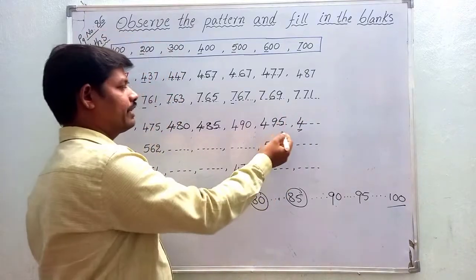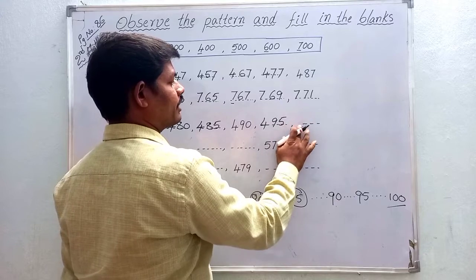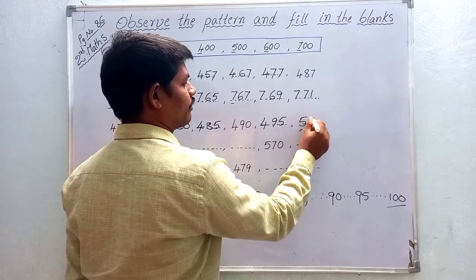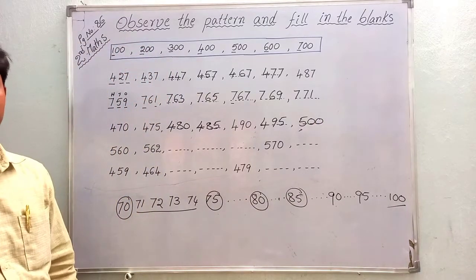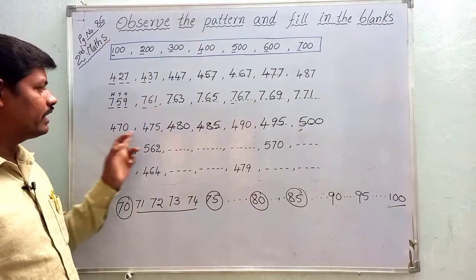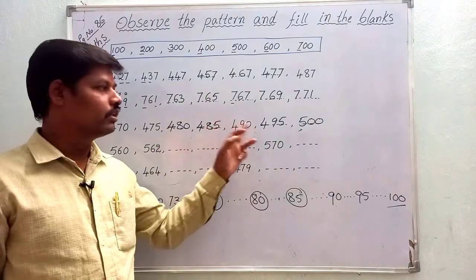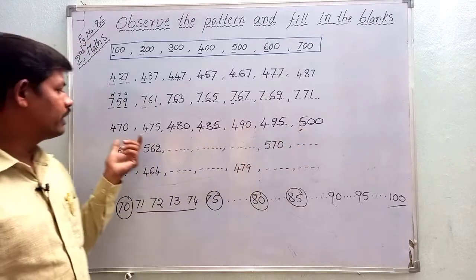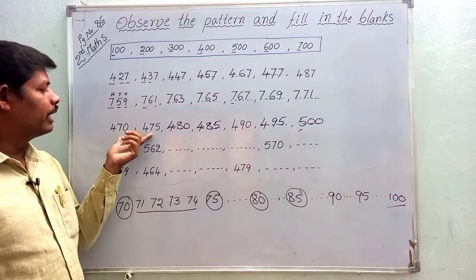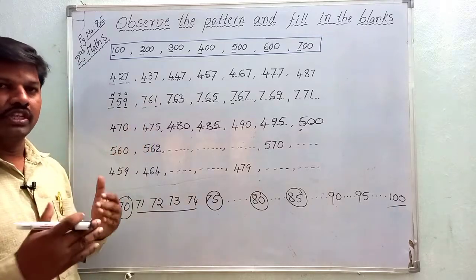Next, if you add 5 to 495 you get 500, so the hundreds place becomes 5. So like that: 470, 475, 480, 485, 490, 495, 500. In every two numbers there is a difference of 5.